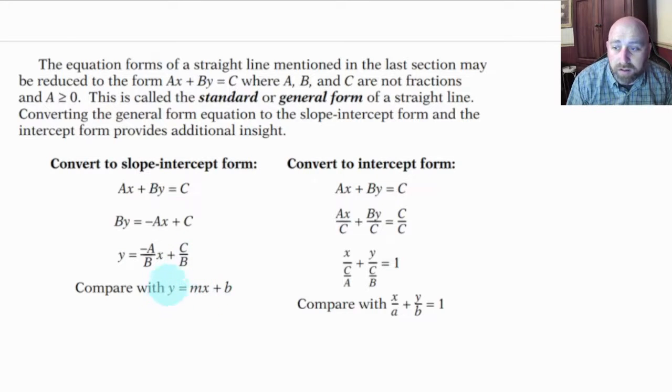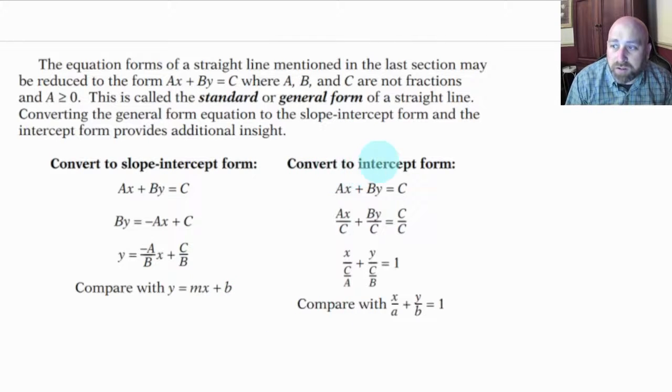Here's where the formula is. So Y, then the MX. This M in this case would be a negative fraction. And then the C over B is right here. In order to get your slope-intercept, though, you would have to divide that out.